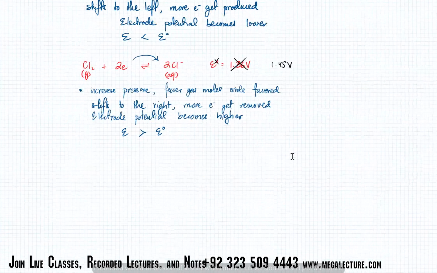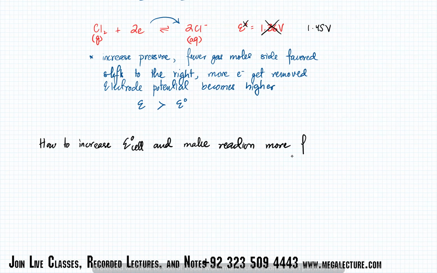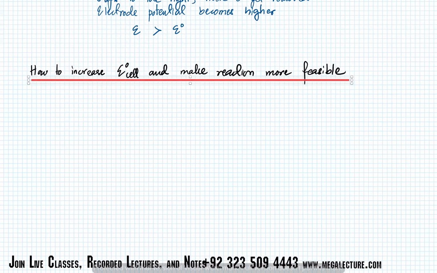So how to increase, यहाँ पे लिख भी देता हूँ. So how to increase E naught cell? And the purpose is to make the reaction even more feasible. और ये वाला example कर लेते हैं.